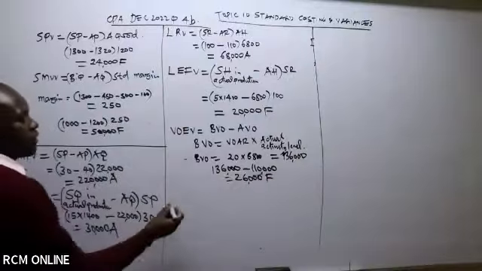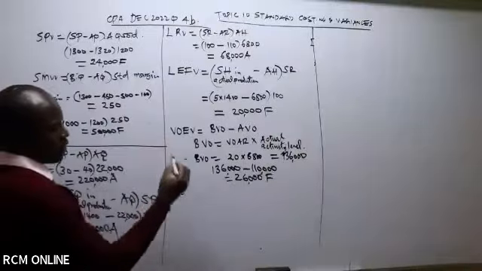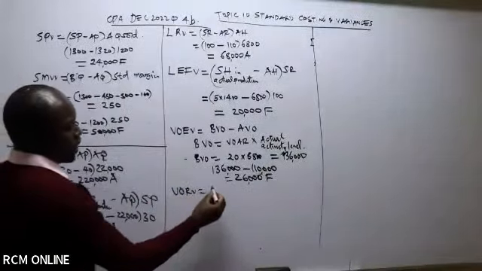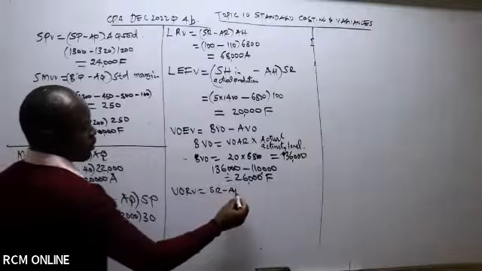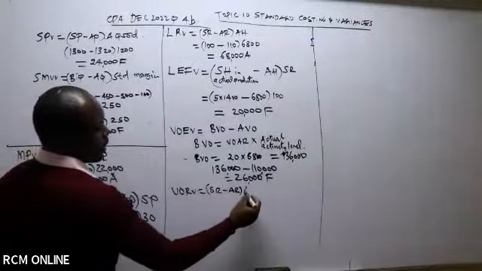Alternatively, variable overhead rate variance is equal to standard rate minus actual rate multiplied by actual hours.